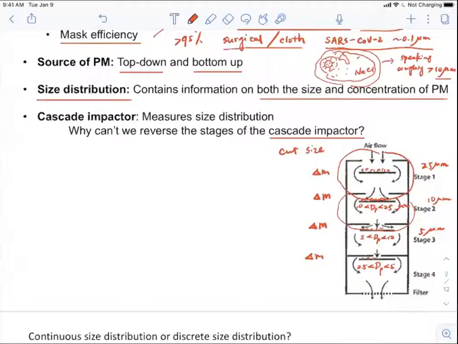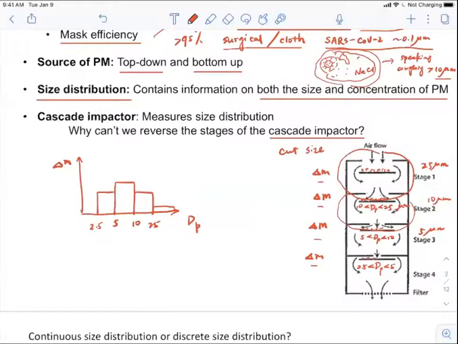In this way, we can get a distribution of sizes, for example, 2.5 to 5, 5 to 10, 10 to 25, and so on, right? So if we show the delta mass here, they might have a curve or shape that looks like this. So we can call this a size distribution.